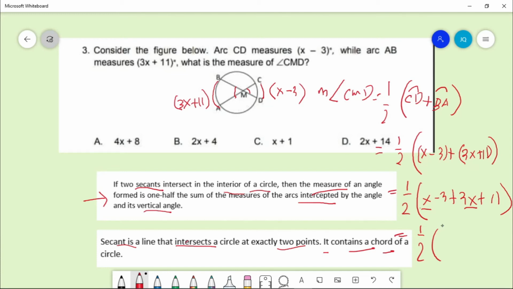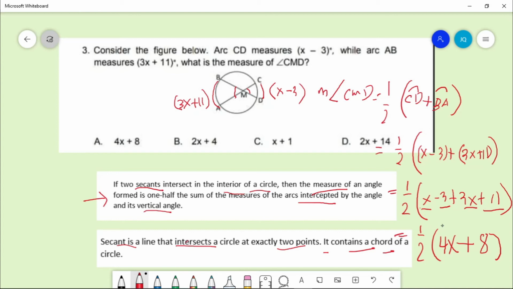So 1 plus 3 is 4, and it has variable x. Now another one: this is negative 3 and positive 11. They have opposite signs, so you subtract. 11 minus 3 is positive 8, since 11 has a greater absolute value than the negative one, so we have positive.